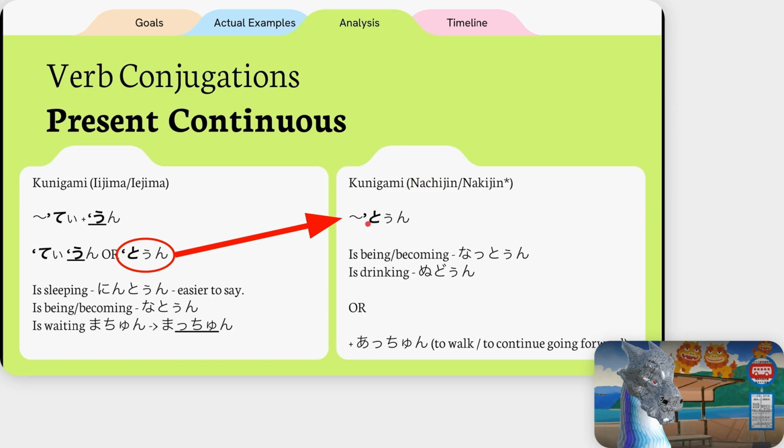For example, instead of saying ni dung, it's easier to say just ni dung, like that. So that's one way, and this also exists in the Nachijin dialect. That's one way you can form it.